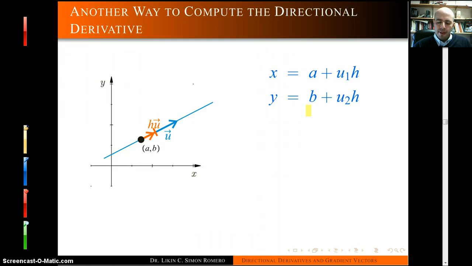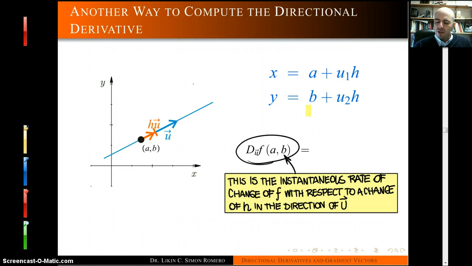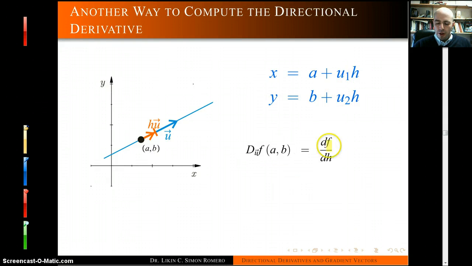So now that we have these, the question reduces itself to: what is the instantaneous rate of change of f with respect to the movement in this line? But that is actually just the instantaneous rate of change of f with respect to h. So in other words, we have how much f changes with respect to h. Notice that this is just given by a chain rule. Why a chain rule?